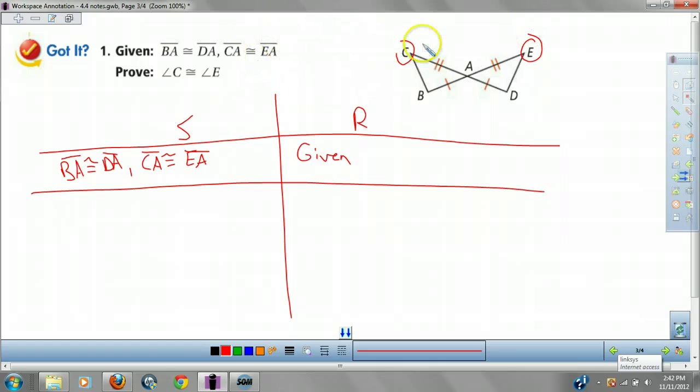So the first thing I need to prove is that these two triangles are congruent. So far I have two sides but nothing else, so that won't get me anywhere. I'm going to have to get an angle or the third side. There's nothing to do for the third side, but if I look in here, I see a bow tie. And bow tie angles are congruent because they're vertical. So I know angle CAD is congruent to angle EAD by vertical angles are congruent.